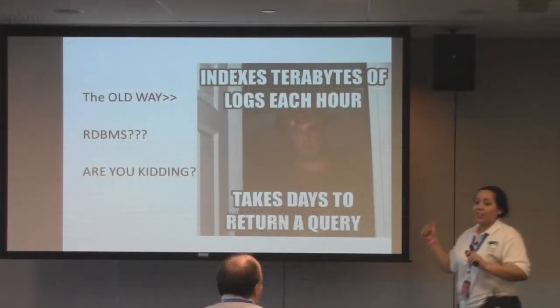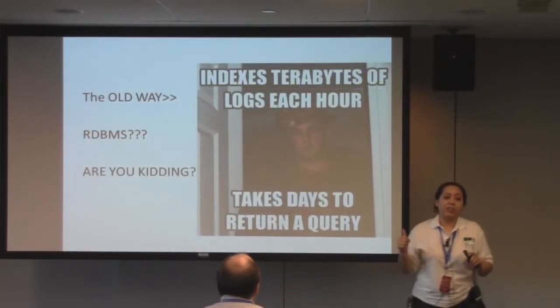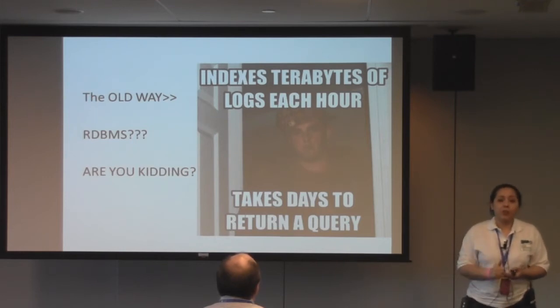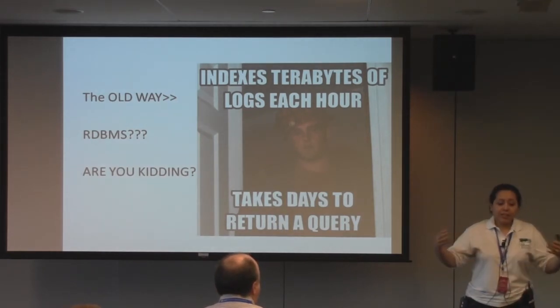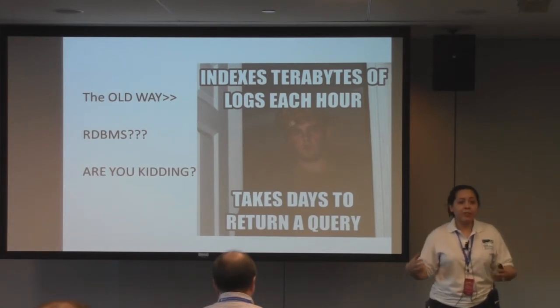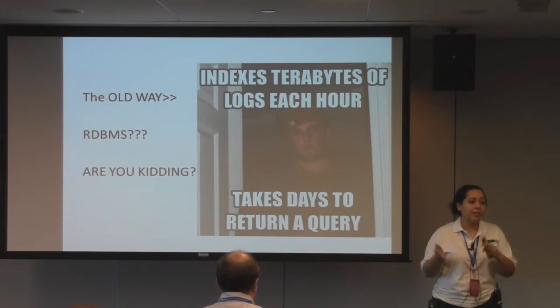So the old way was using relational databases. They are slow. When you start to try and do schemas for different types of routers and hardware, you start to get into this big data space where the data has a lot of different variety. You can't really normalize it in any sense.